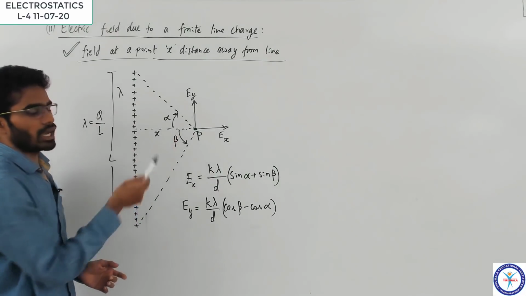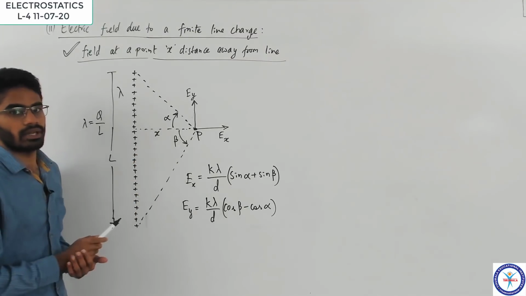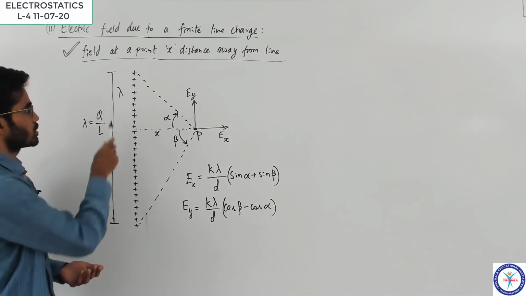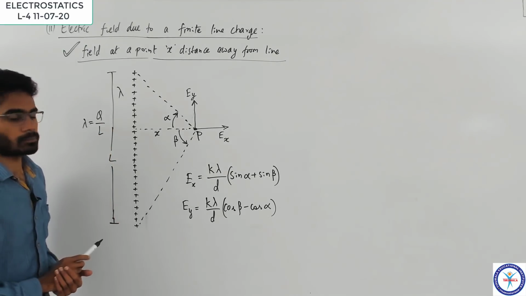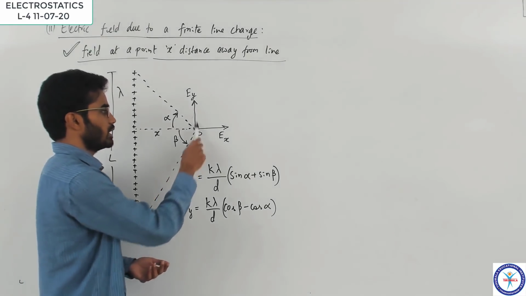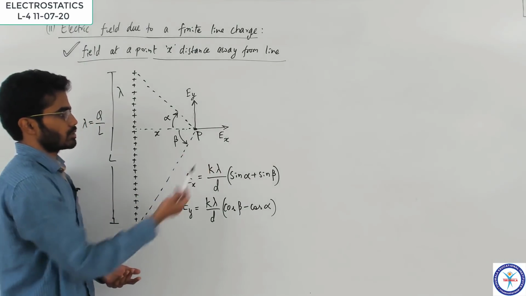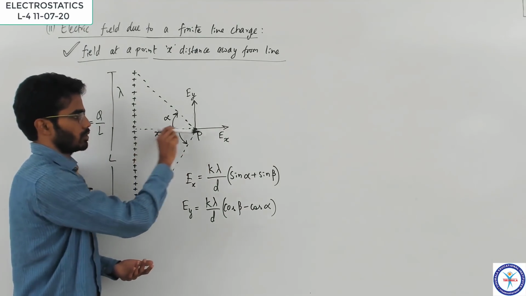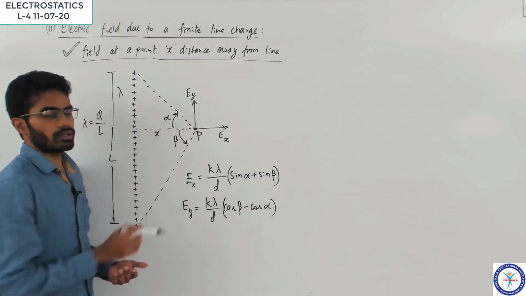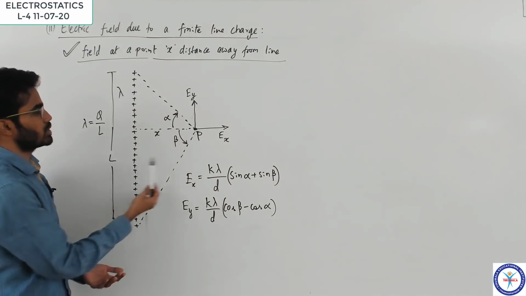So when we know these angles alpha and beta, and the distance x, and the line charge distribution, charge per unit length lambda, which is Q by L, then the field is given by two expressions: Ex along the horizontal line, which is perpendicular to this line charge distribution, and Ey along the line which is parallel to the charge distribution.